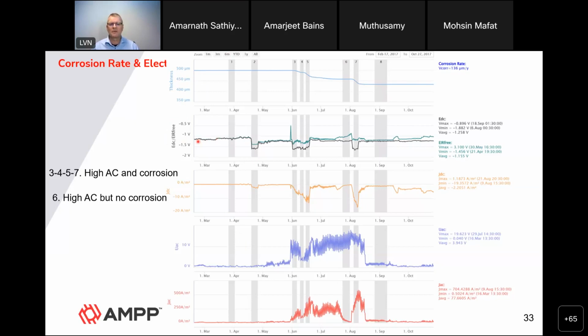This is one level of cathodic protection, and this is a more severe level of cathodic protection, minus 1.6 versus minus 1.2. And you can see that we play with going from one condition to the other. We are also playing with disconnecting established AC grounds so that you can play with the AC voltage that is induced on the pipeline.